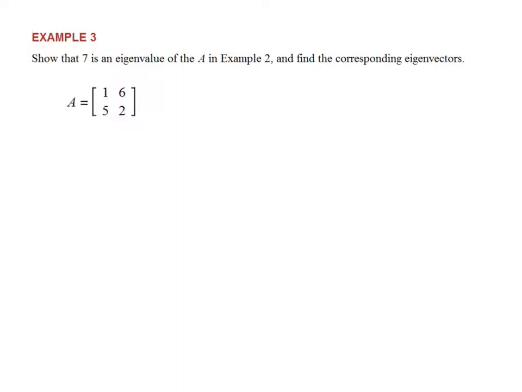All right, now with this next example, we have the same matrix A, and we have to show that 7 is an eigenvalue and find its corresponding eigenvectors. Okay, so this is a little bit more work. To show something is an eigenvalue, the concept is this: 7 is an eigenvalue of A if and only if A times x equals lambda x, or 7x, has a non-trivial solution.